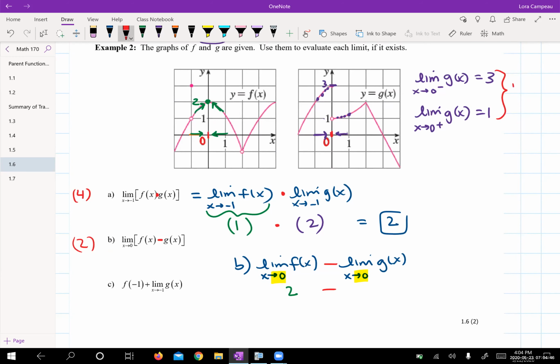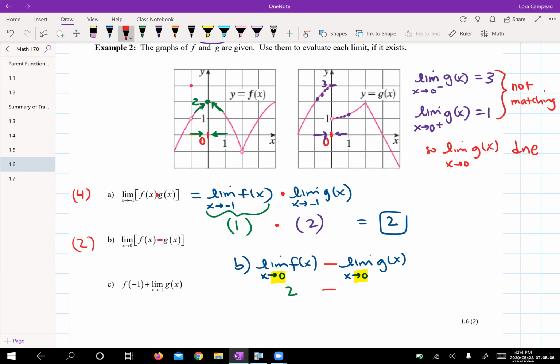This is not a match. So if the limits are different, then we would have to say the limit of g of x as x approaches 0 does not exist.